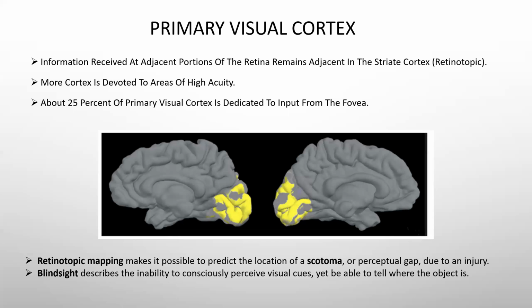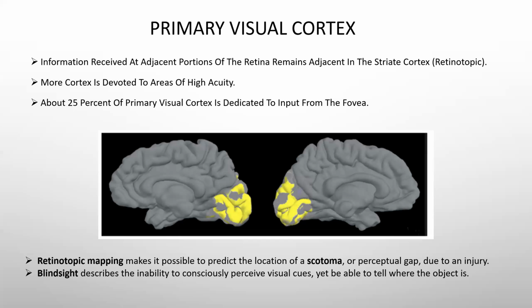Also, retinotopic mapping makes it possible to predict the location of a scotoma, or a perceptual gap due to an injury. So if there's an injury to the retina and the individual has a blind spot, which is what this scotoma looks like, then that's going to be mapped back to the primary visual cortex as well.